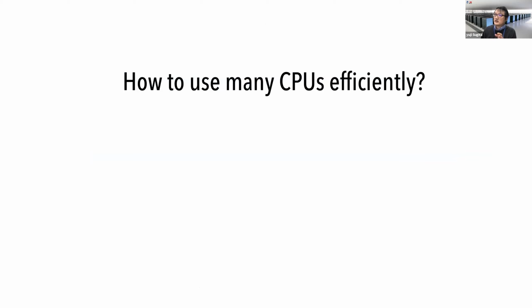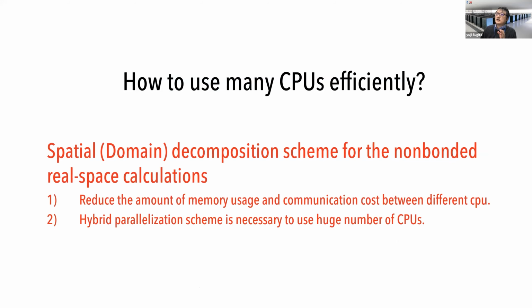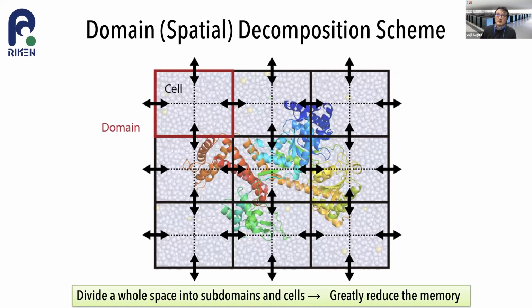The next attempt is how to use many CPUs efficiently. So we developed a spatial decomposition scheme. This is also quite a standard computational method in MD simulation, and probably in many other applications.